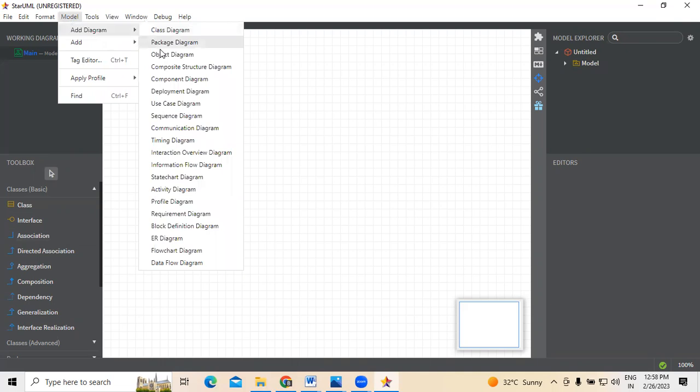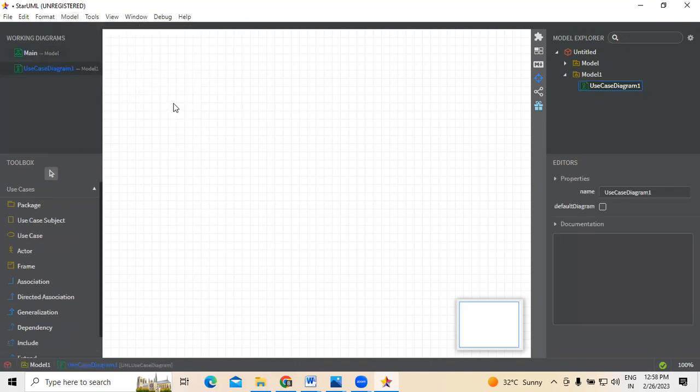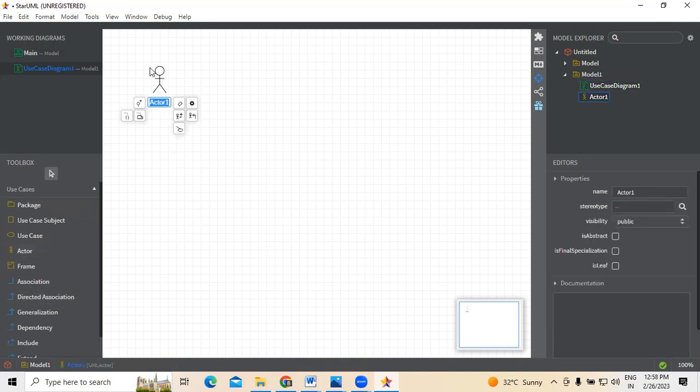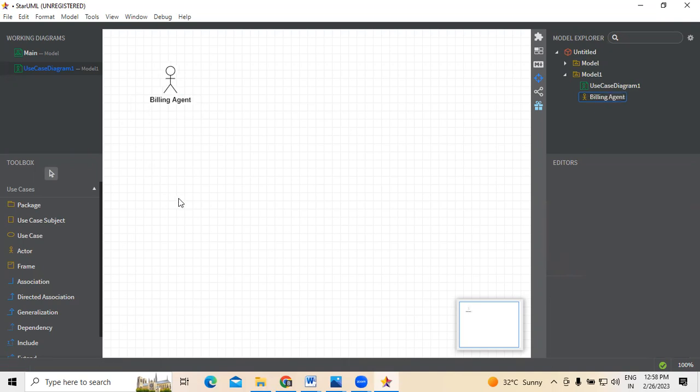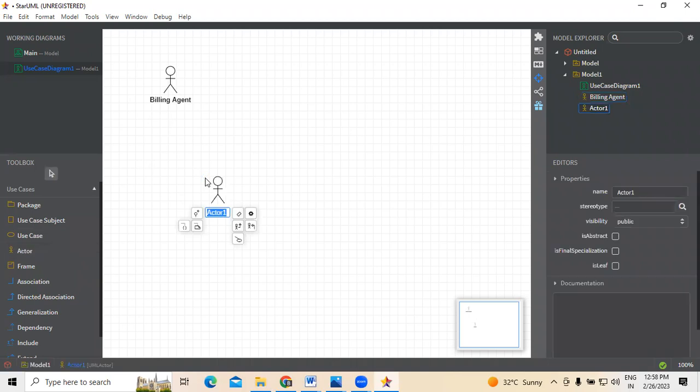Now we have to select the use case diagram. Whoever is using this application is called an actor. So here you can see actor, right? Actor. Maybe a billing agent. Okay. For the cloud-based POS system I'm talking about, right? Maybe an inventory head.